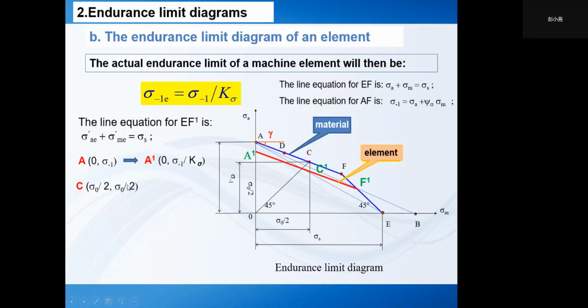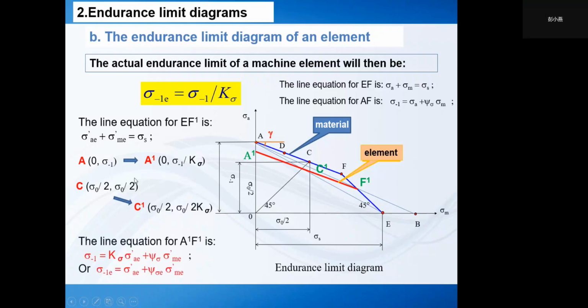And then the coordinate of C changes to C1. And then we can obtain the line equation for A1F1, this.